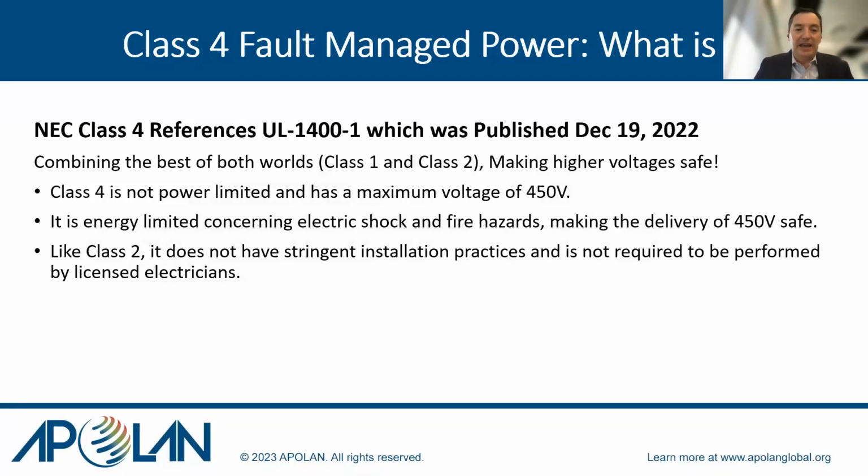This is a new standard, UL 1400.1, which was published in 2022. Let's say that this new system combined the best of the legacy systems, Class 1 and Class 2. And probably what we can say about this is that we make higher voltage safe. It's not power limited and has a maximum voltage of 450 volts.